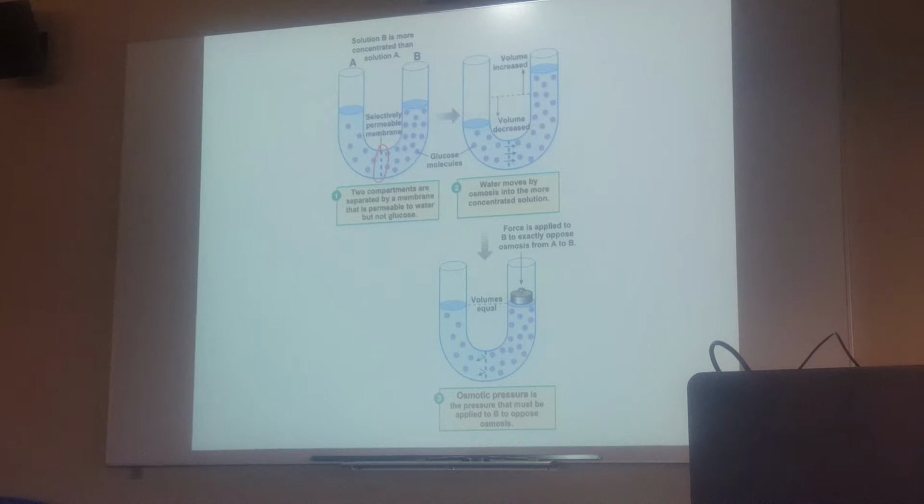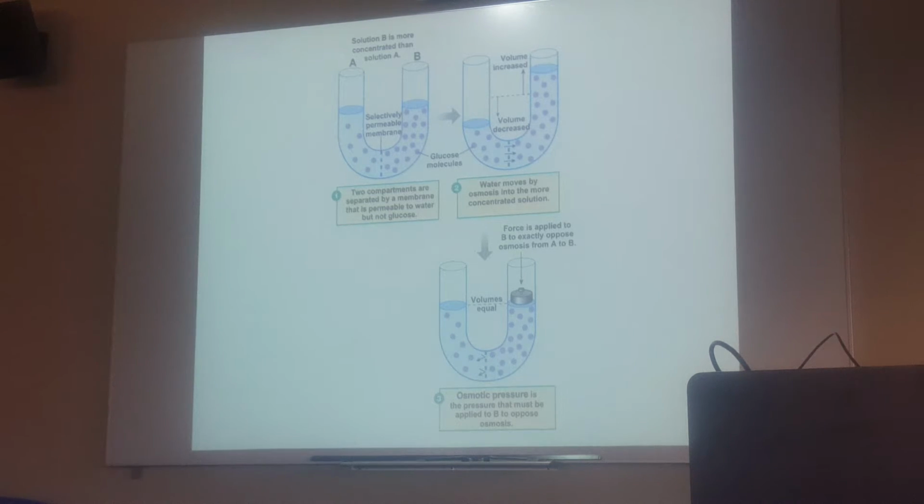And in this instance, it's glucose molecules that we have in the experimental setup. If only the fluid or water can move back and forth across that membrane, it will change the volume based upon the number of solutes that are available.